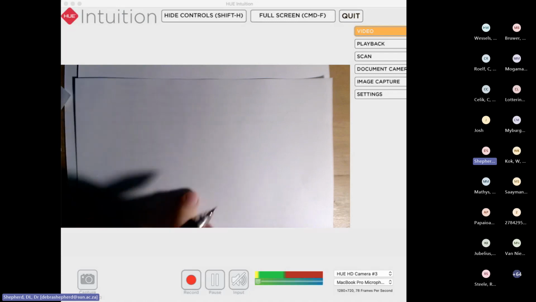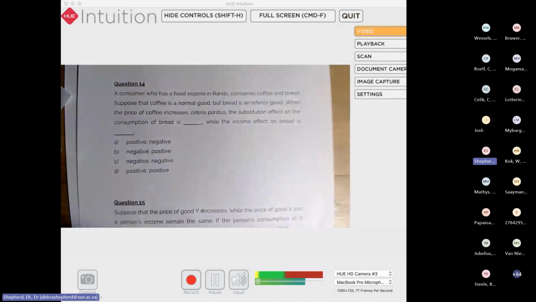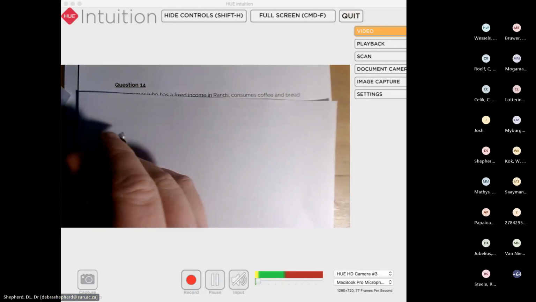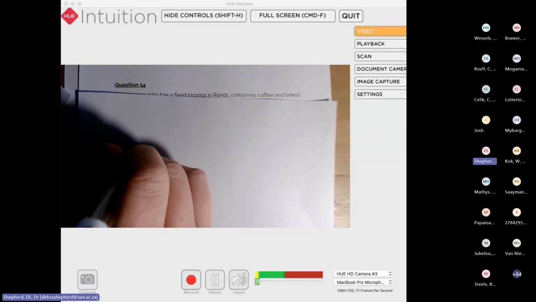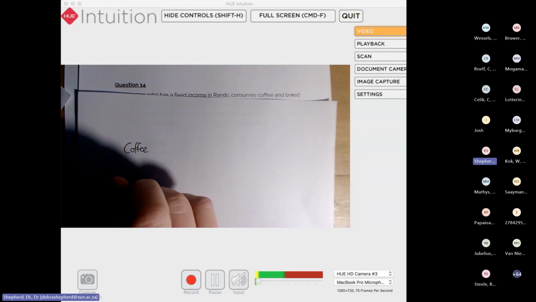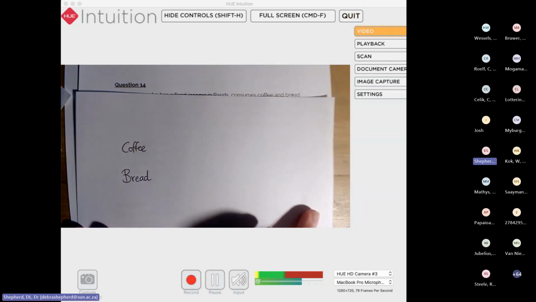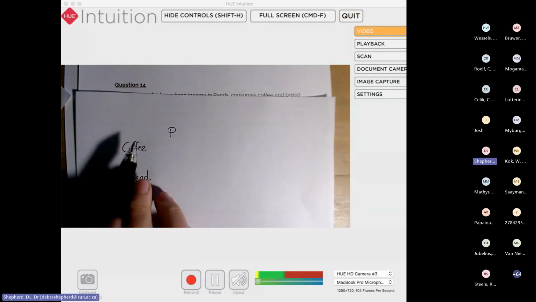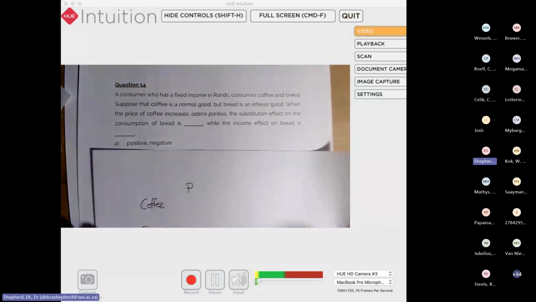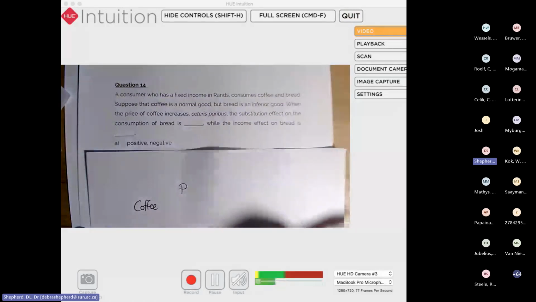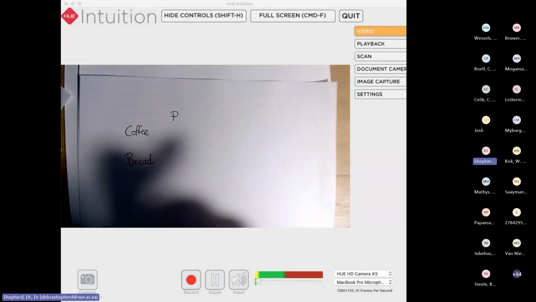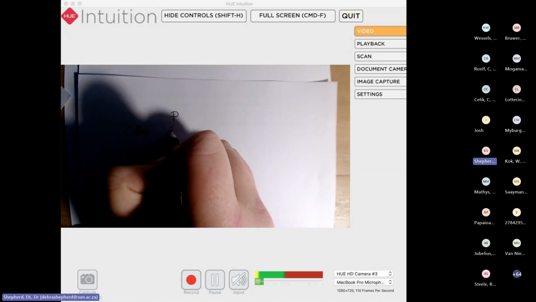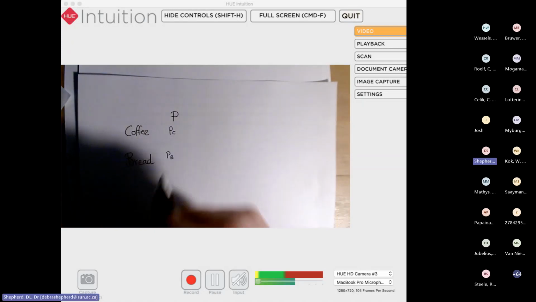We have 2 goods. Let's use question 14. We have coffee and bread. And then we have a price for coffee and bread. They don't give us any information here, but that's fine. So we have some price for coffee and bread. Let me just write it down like that.